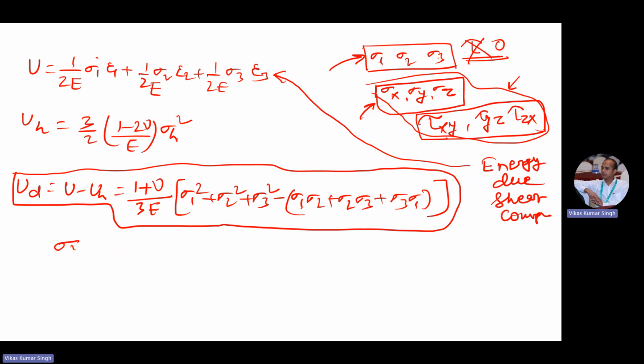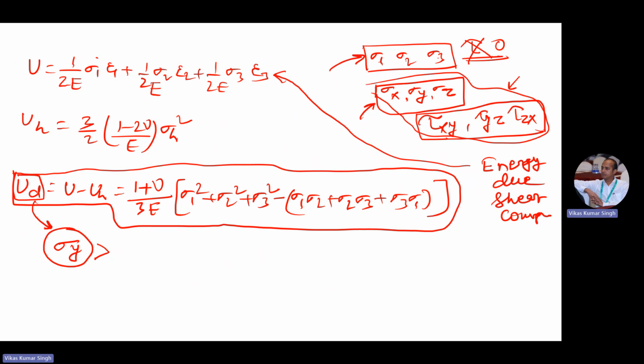This energy is causing some amount of yielding in the material, so the yield stress will cross this limit and the material will deform. If this amount of energy is causing this much strain, this much stress in the material, definitely the material is going to deform, because this is the limit.